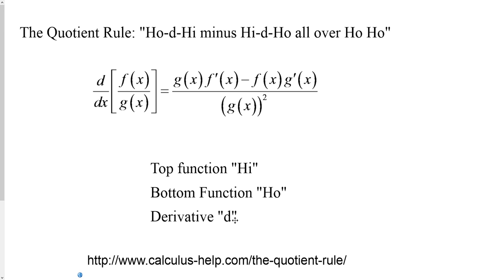So here's how I remember it. I call the top function hi. So f of x is my hi function. My bottom function is my ho function, and when I take the derivative of something, I call it d.